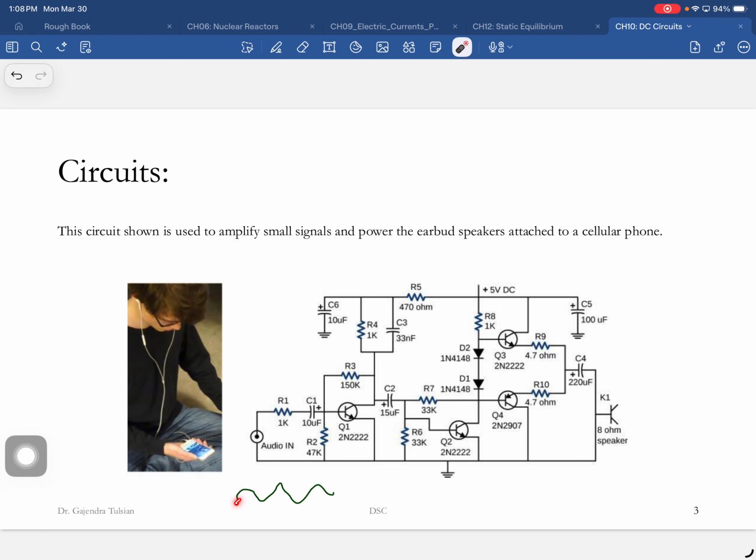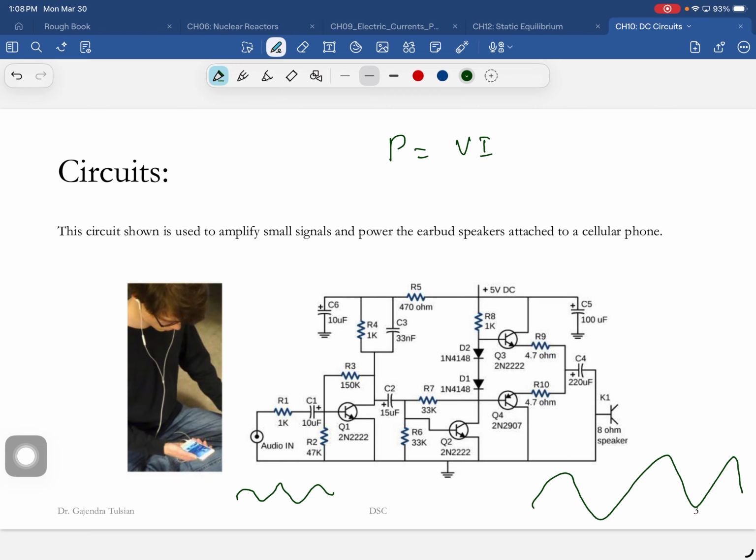Again, the power delivered to a device is V times I, or we'll say I squared R. This is the power delivered to this device, and that's the current flowing through that device. The power delivered to a device tells you how bright it glows.